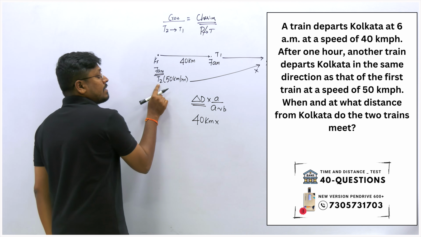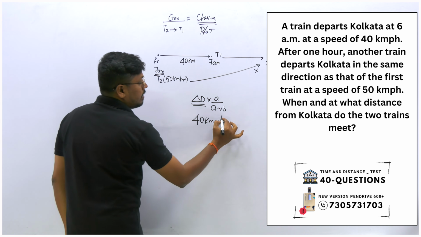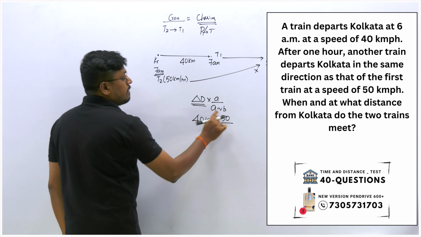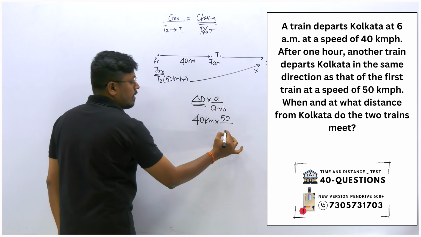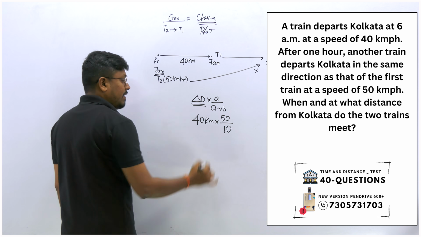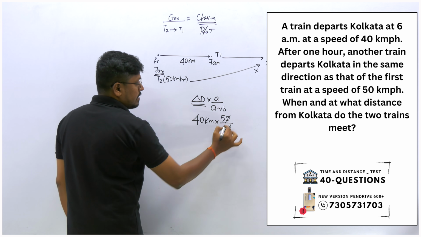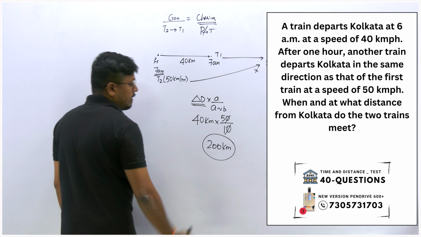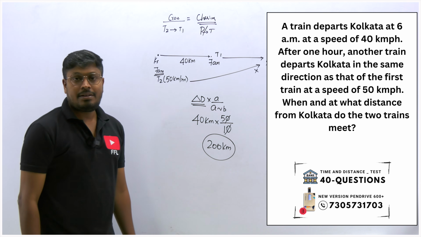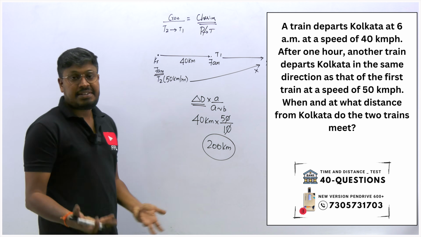So the first A value will be 50 km per hour divided by the difference. So difference, 50, second train speed, minus 40 km per hour. So the difference is 10. That's it. Very easy. So we can cancel this. So 200 km. So finally at 200 km both the trains will meet each other.